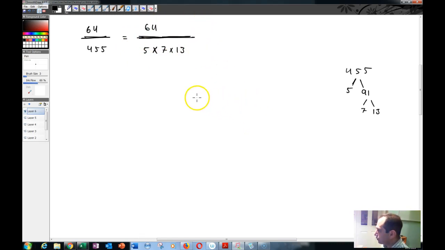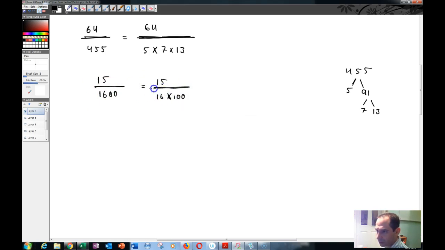For example, if you go for 15 over 1600, this is going to be terminating, because you can write this as 15 over 16 times 100, right?